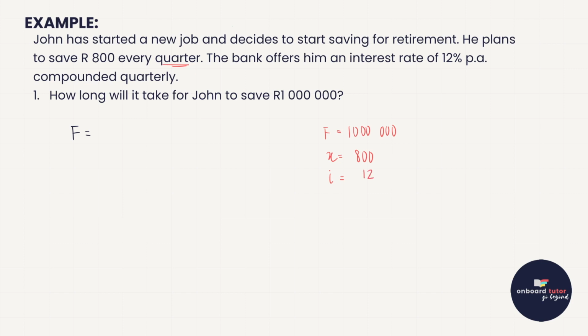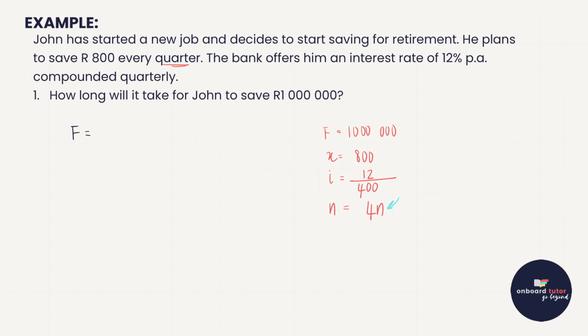So we're going to take the 12% and divide it by 4, and put it over 100 so that it's a percentage. And then N, how many time periods? We're not sure, but we know they're going to be compounded quarterly, so 4N is what we're going to use for now, and then we are going to aim towards solving for N. All right, so let's substitute into the formula and see what we are dealing with.